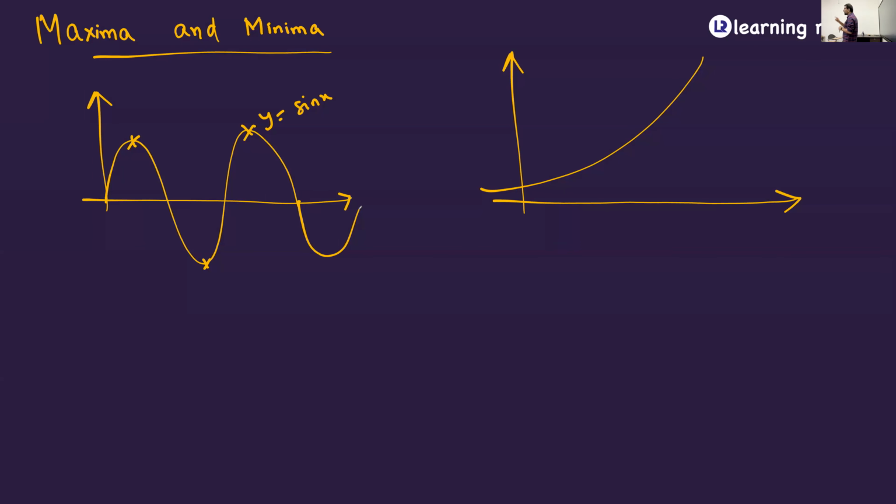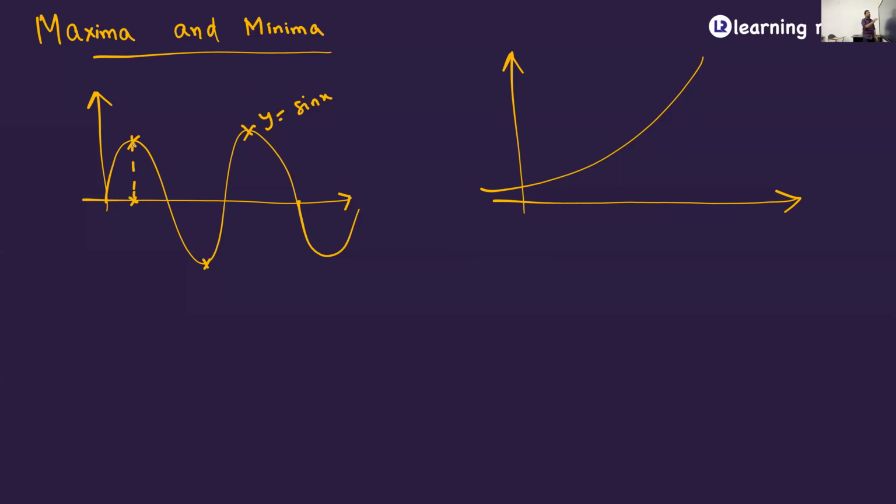It is not one value. Whereas when you talk about maximum or minimum, it happens at a particular value. So there are two things that they will ask you to find. One is the x value for which the y value attains maximum, and what is that maximum value.